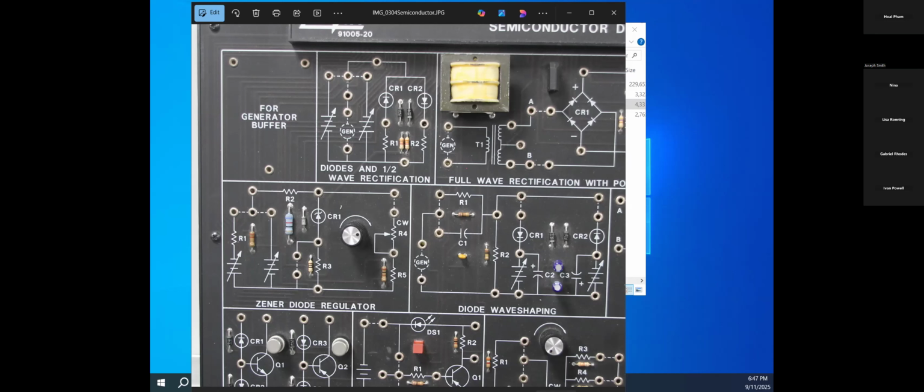We're not seeing the LabVolt screen. Do you see the diode? Locate the diode wave. Yes. You see that circuit board? Yes.